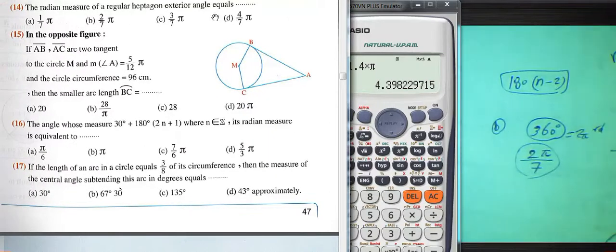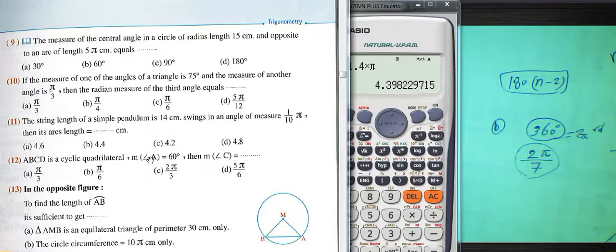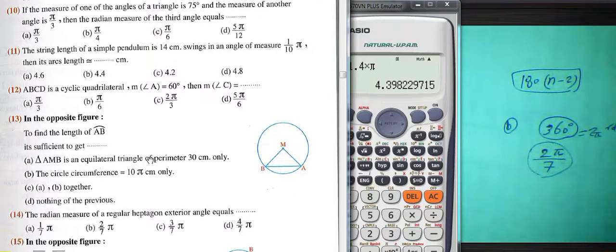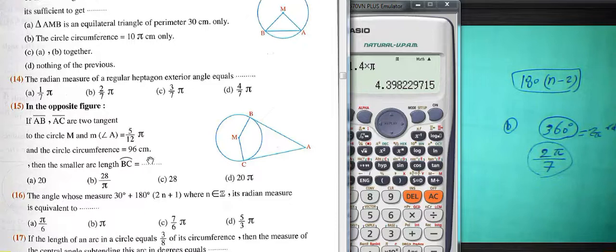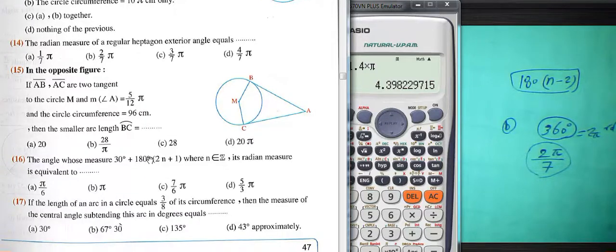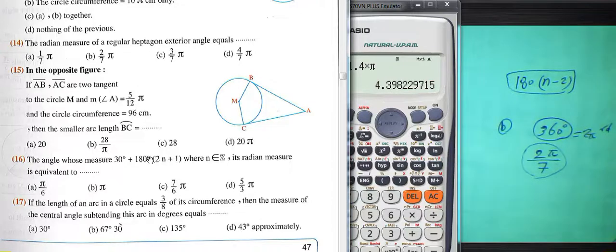In the opposite figure, AB and AC are two tangents to a circle, the measure of angle A is 5 over 12 pi, and the circle's circumference is 96 centimeters. Then the smaller arc length BC equals what?